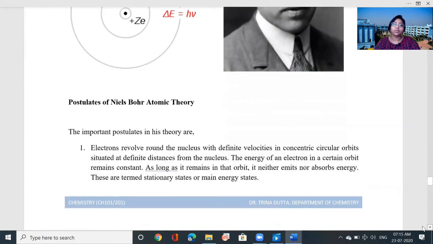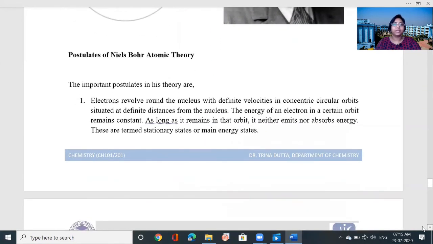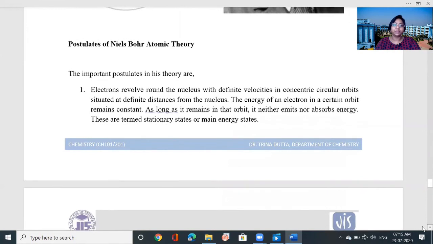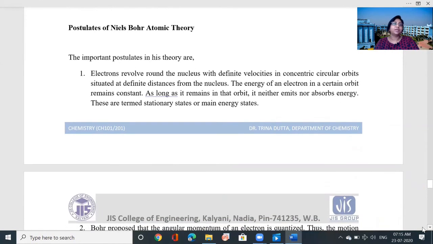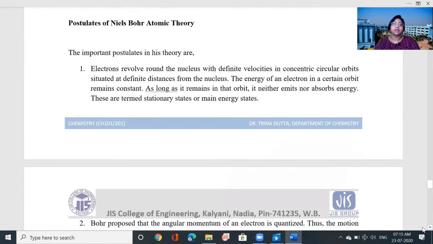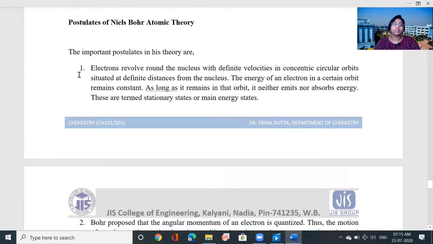So, what are the postulates of Niels Bohr's atomic theory? The important postulates in his theory are as follows. Number 1, electrons revolve around the nucleus with definite velocities in concentric circular orbits situated at definite distances from the nucleus.